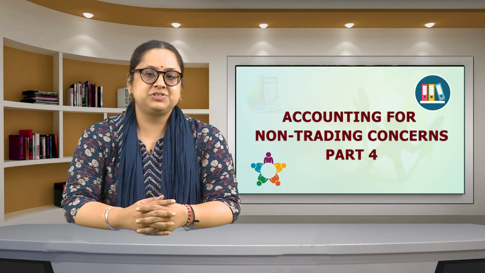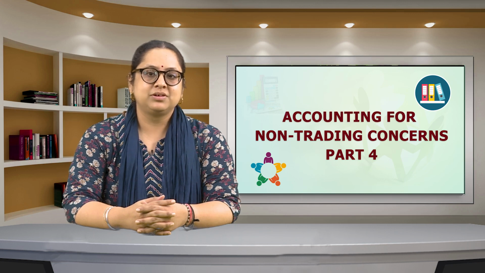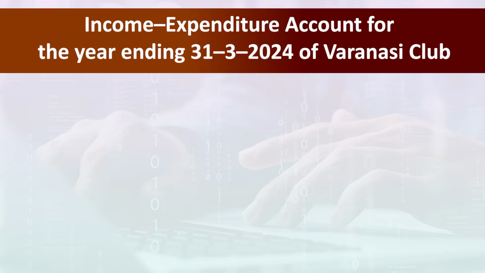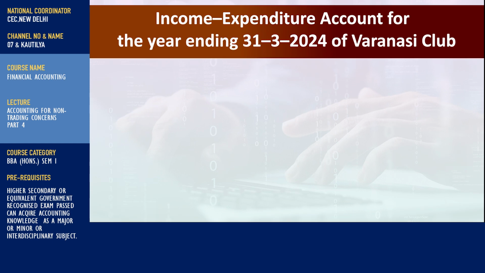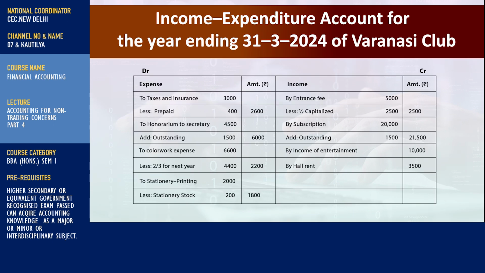Now, let us proceed to see the income expenditure account, which is to be prepared according to the given information. Income expenditure account for the year ending 31/3/2024 of Varanasi Club is shown here. Let us see the expenses side first. The first entry is taxes and insurance of rupees 3000.